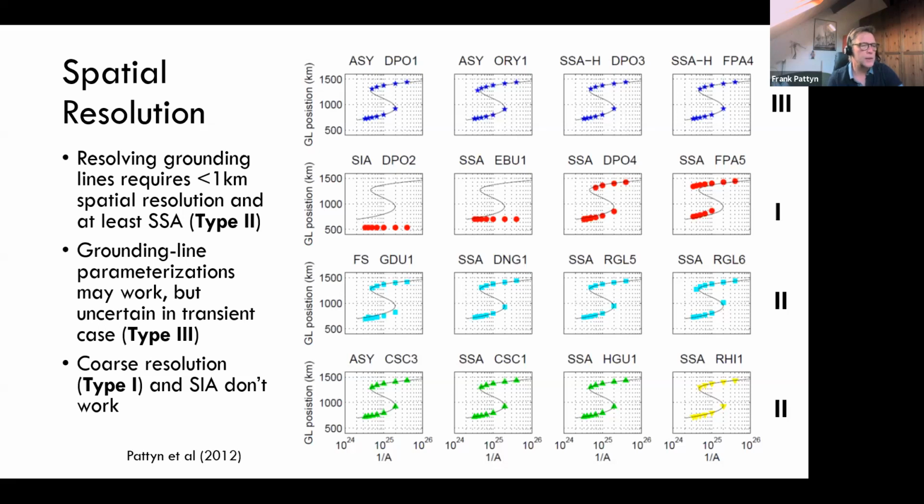And then the third type is like, yeah, let's say best of both worlds. It's where that's number 3 here. That is where the parameterization of the Schoof equation is used to guide the grounding line position, which allows the model to use a coarse grid, but obtain the same grounding line positions as theory predicts.